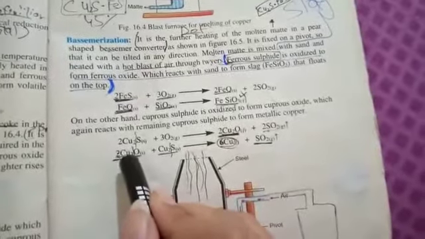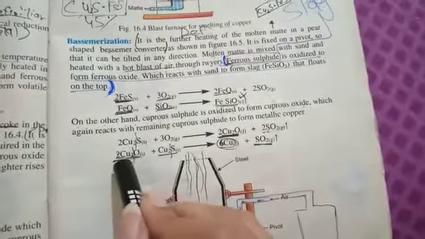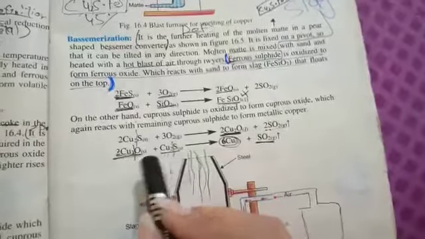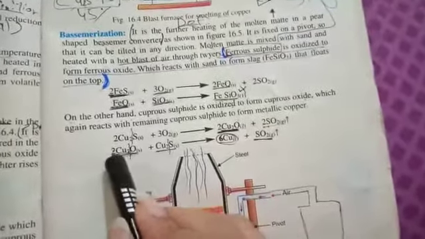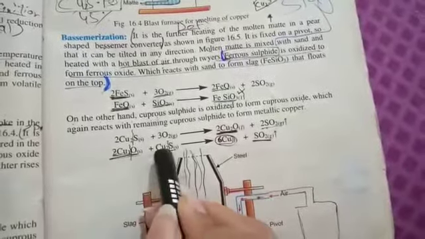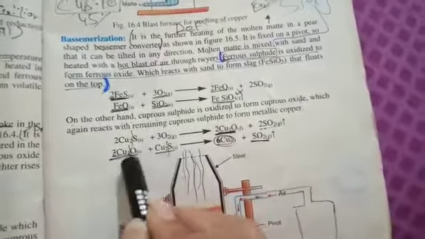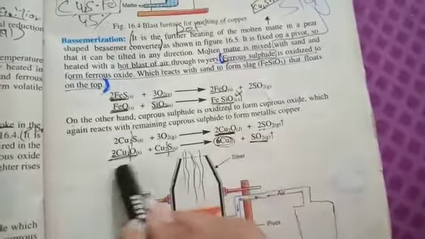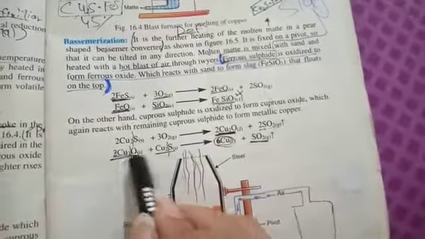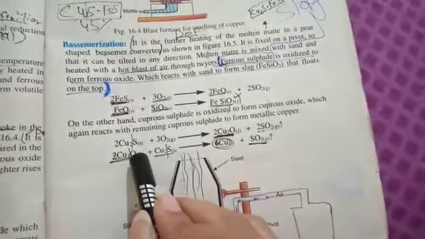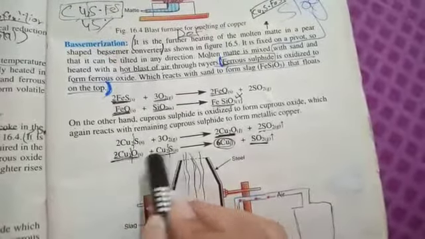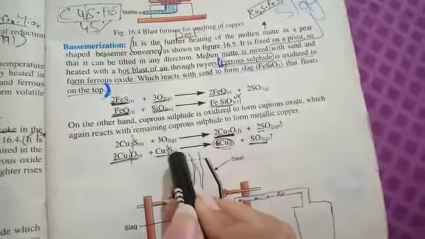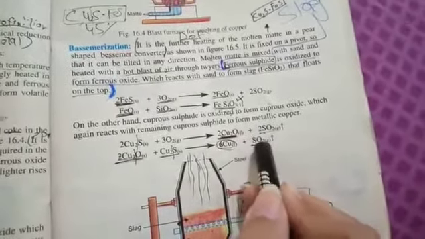Now when 2Cu2O reacts with Cu2S, the cuprous sulfide, you can see that there are 4 copper and 2 from there. When these coppers combine, they form 6 moles of copper. Here we can separate the copper. Now what happens to the oxygen and the sulfur, which are the impurities? Here the 2 oxygen reacts with the sulfur and is converted into sulfur dioxide.